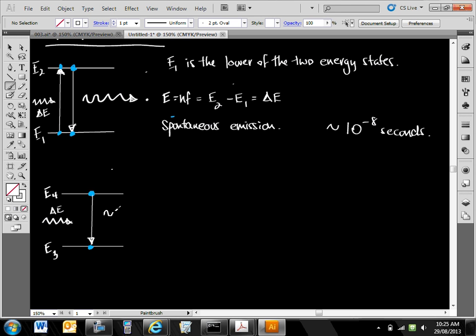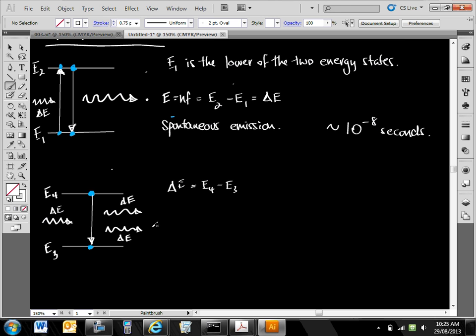Well, we call this something. It just emits 2 photons of equal energy, delta E each. Okay? Delta E is equal to E4 minus E3, the change in energy.